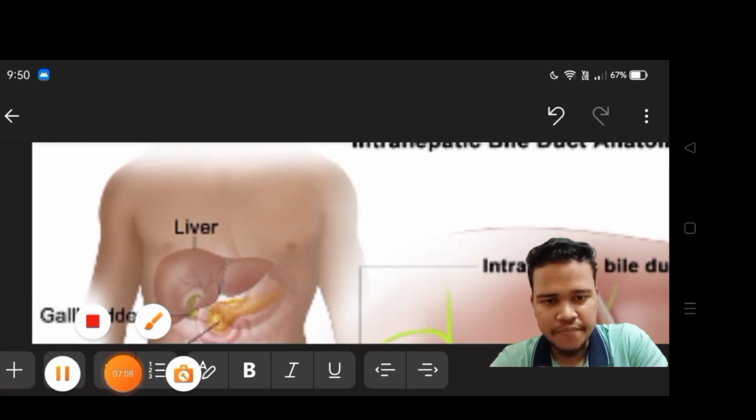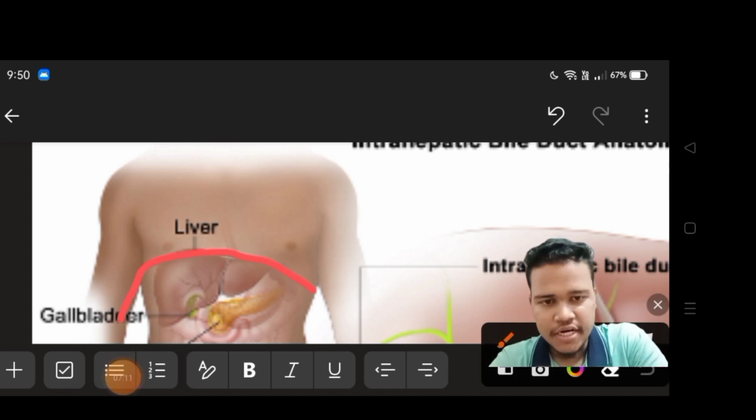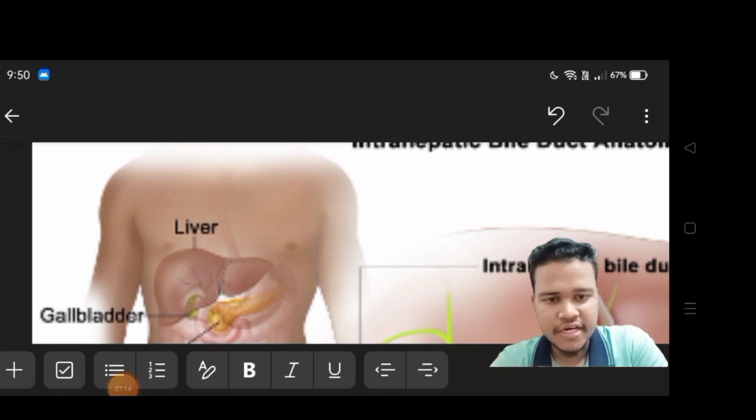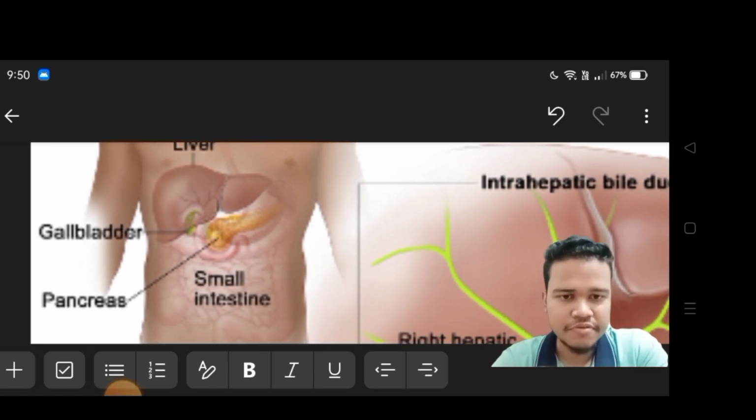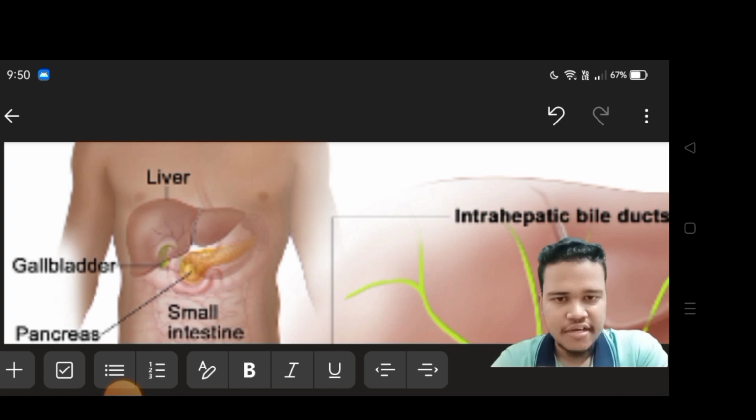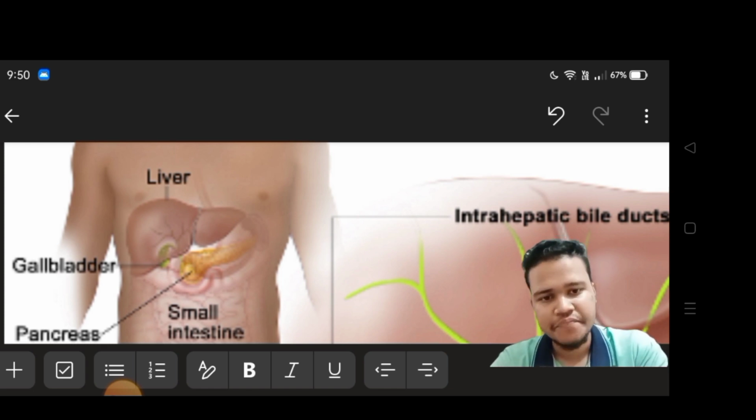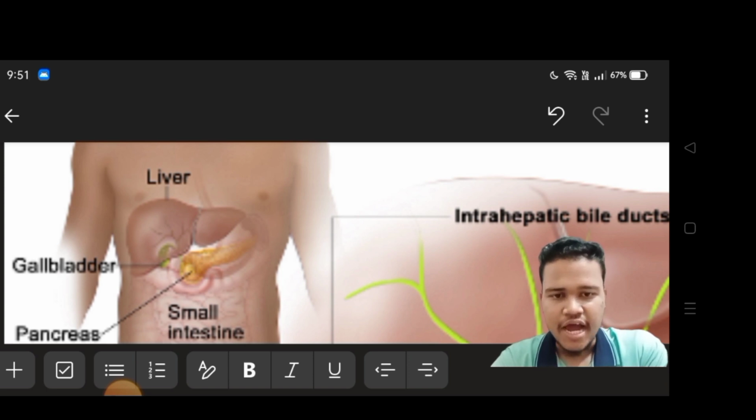Looking at the figure, this is our diaphragm and the liver is situated in the upper abdominal cavity. On which side, right or left? The liver is situated on the right side of our body. So the liver is situated in the upper abdominal cavity, below the diaphragm, and on the right side of the abdomen. This is the position of the liver in our body.